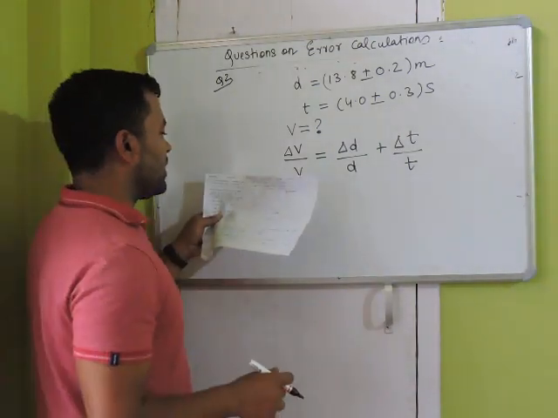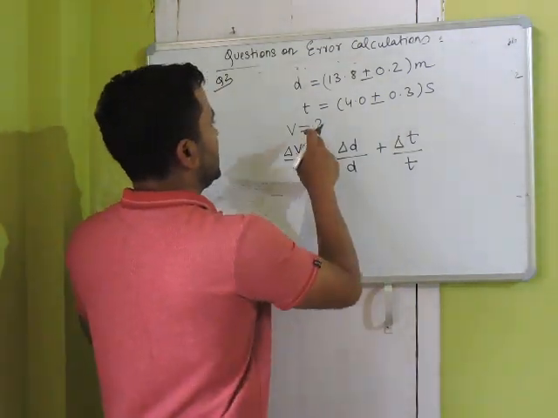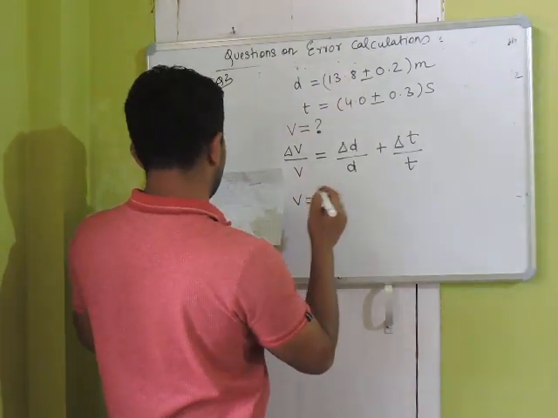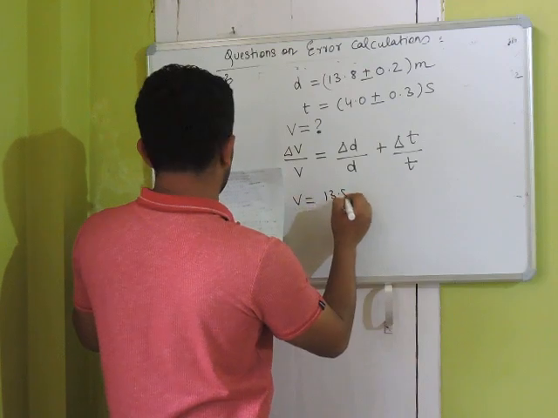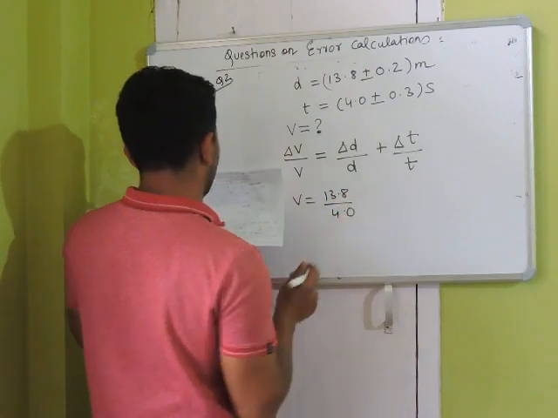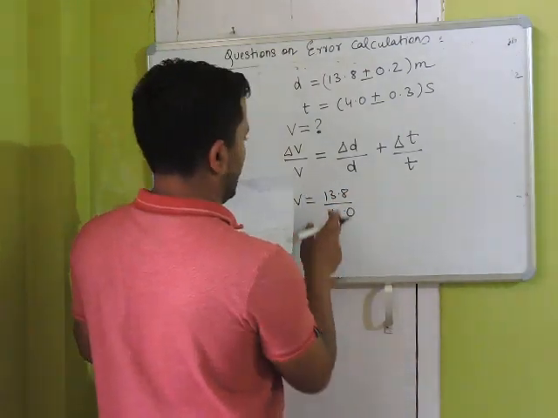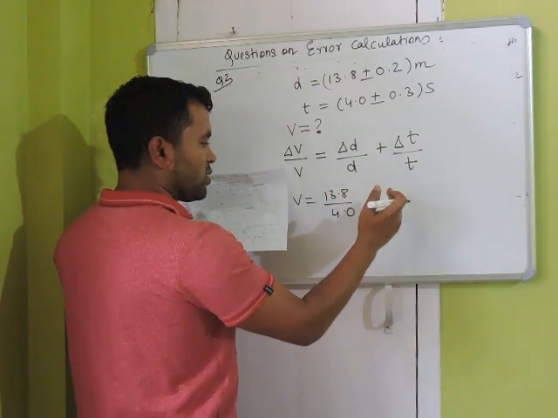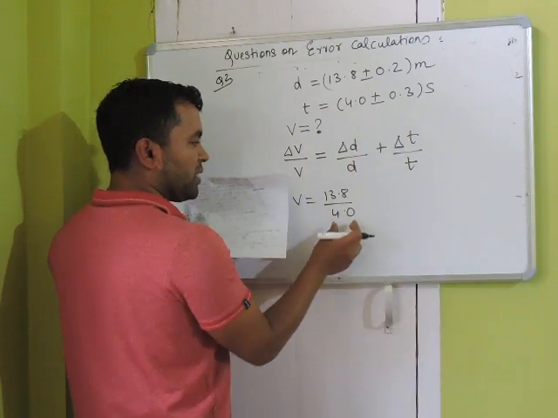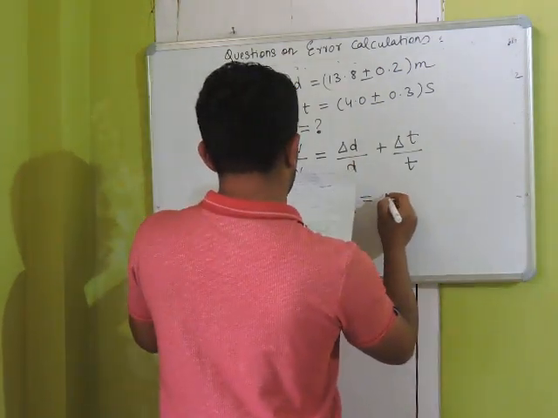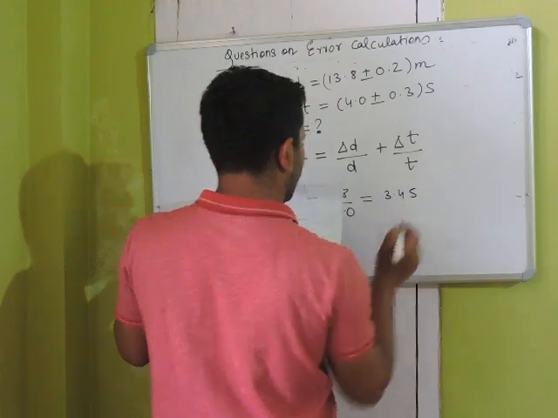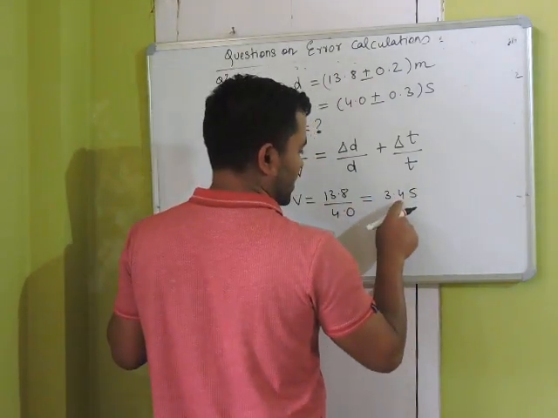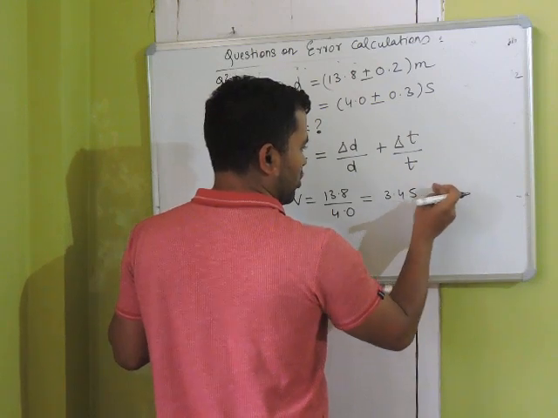Now we can calculate V. V is nothing but distance by time. So this will be 13.8 by 4.0. Now this is 3 significant figures, this is 2 significant figures. So my answer should contain the minimum number of significant figures, which is 2. So 3.45 comes out, but my answer should have 2 significant figures, so I will drop this. Now I can imagine this 5 is followed by 0.